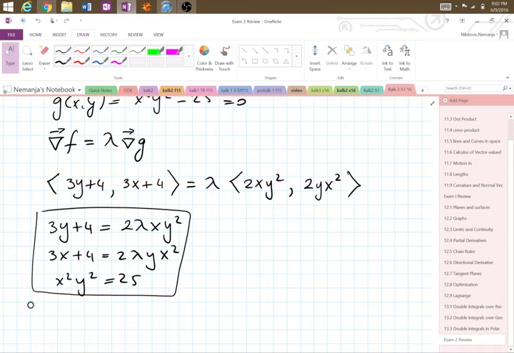Now for symmetric systems like this, where x is interchangeable with y, we can immediately conclude that x is equal to y, because if you look at the two equations, they are identical. Look at equation 1 and equation 2. So that implies that x is equal to y.